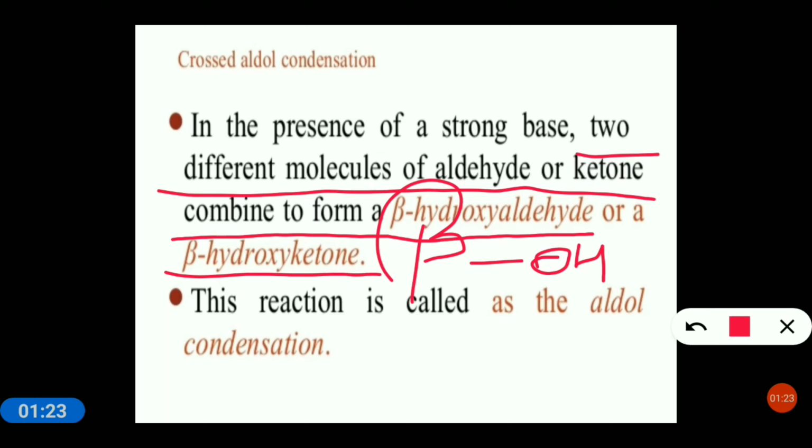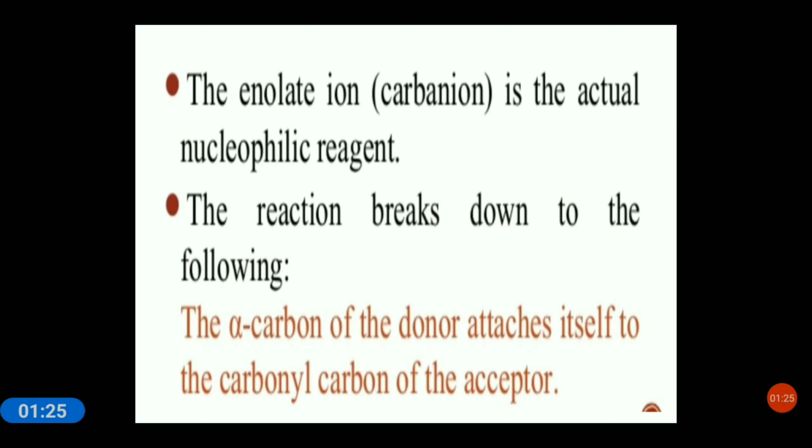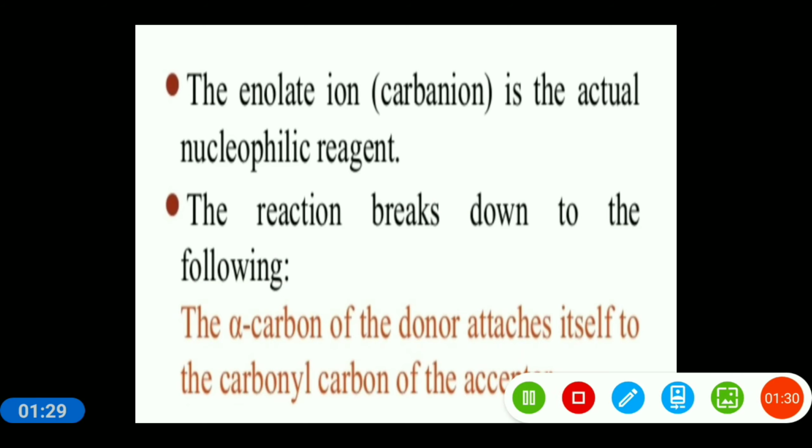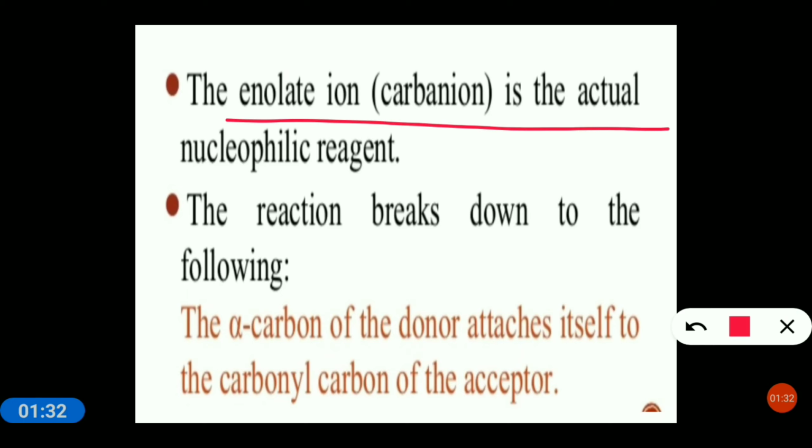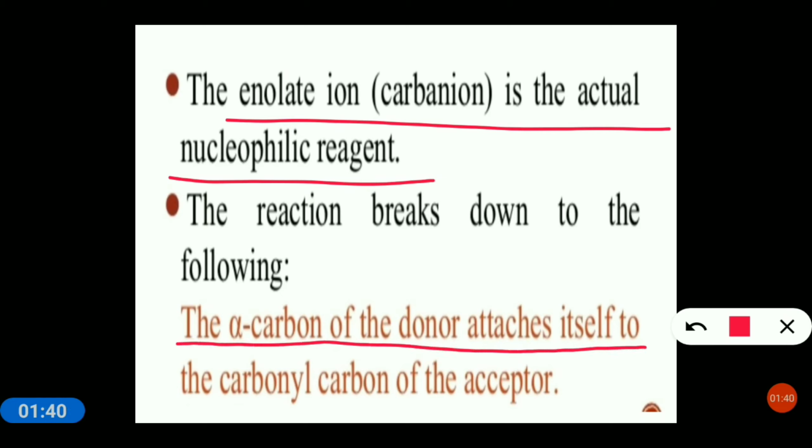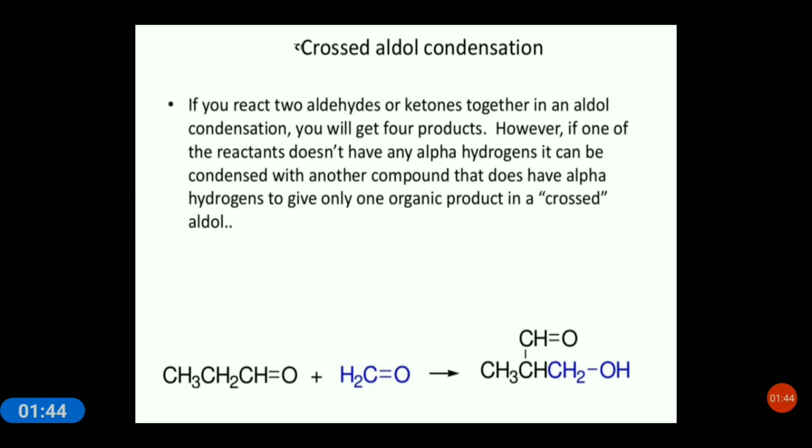This reaction is known as aldol condensation. The enolate ion is the actual nucleophilic reagent, so this question can be asked in the reasoning. The reaction breaks down to the following: the alpha carbon of the donor attaches itself to the carbonyl carbon of the acceptor.